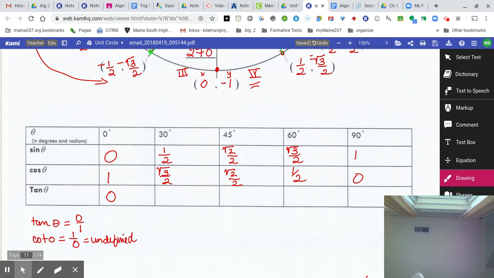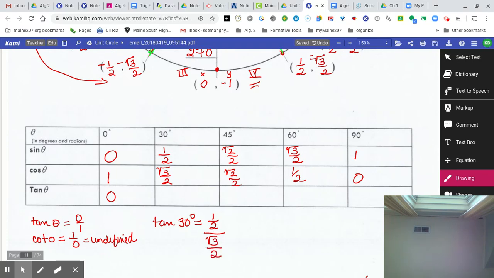Now, for each one of these, once I learn the tan values, we can memorize the tan values all the way around as well. All right, so if I go to the 30-degree angle, the tan of 30 degrees, remember that I needed the y over the x. So what I have is 1/2 over square root of 3 over 2.